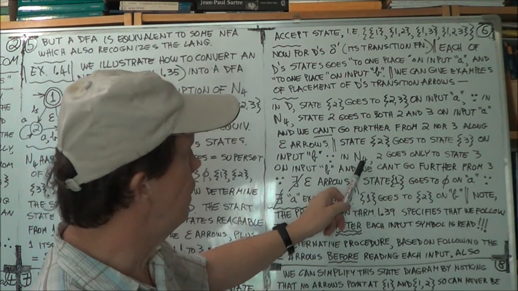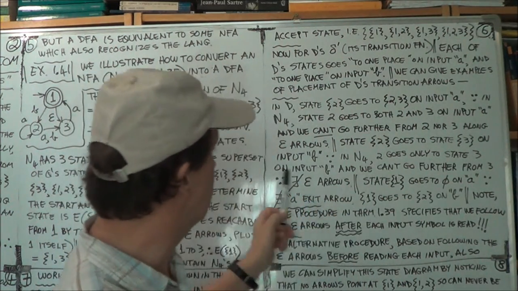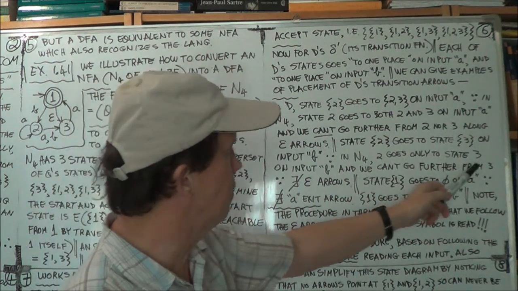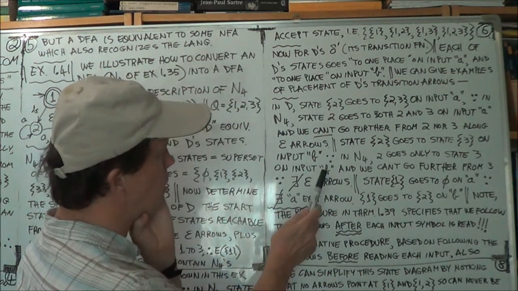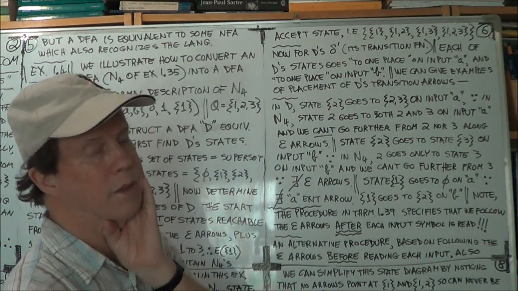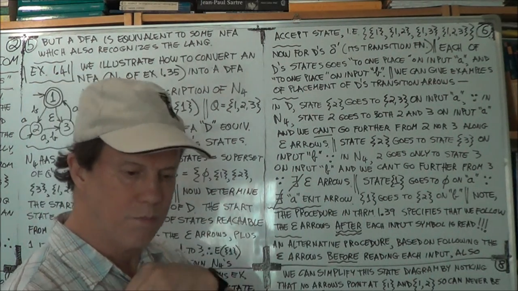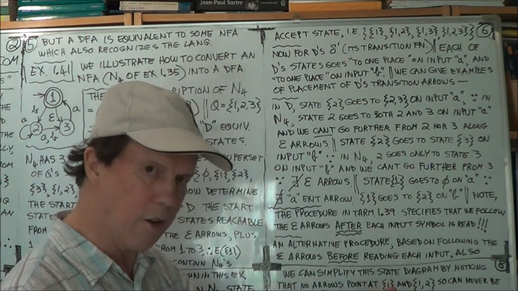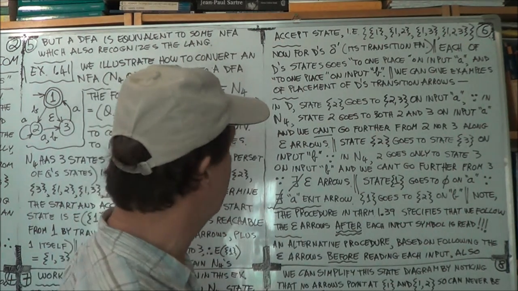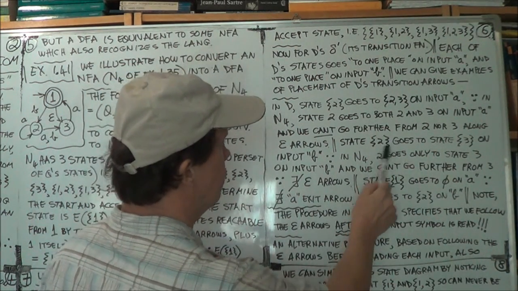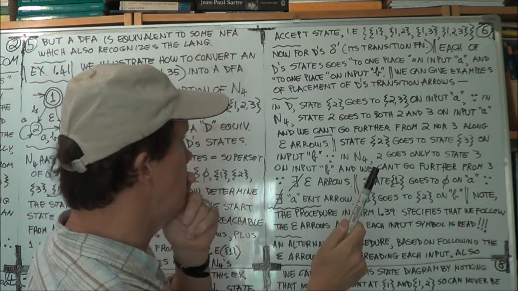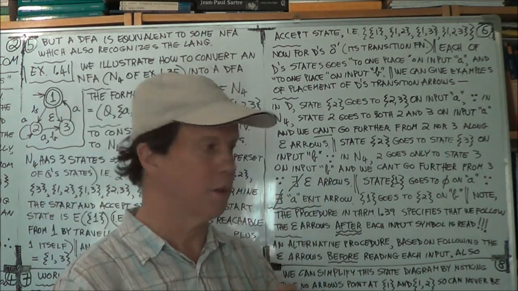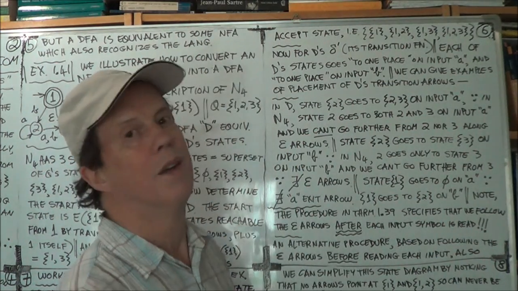Because in the NFA, 2 only goes to 3, and can't go any further from 3 because there is no eta arrow. You can't jump like that because there's no eta arrow to allow you to jump. Right? So set {2} goes to set {3}. That's it.